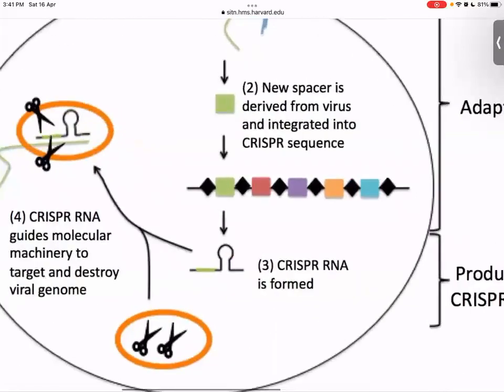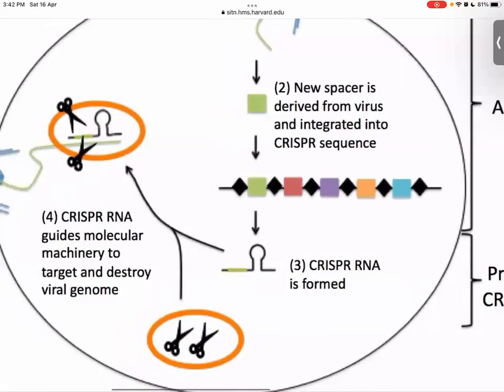Why? Because when this CRISPR RNA is formed, it already has this new spacer which has been derived from the virus. It has this new spacer because the new viral DNA has been integrated into the CRISPR sequence. And now with the help of this integrated spacer DNA in the CRISPR RNA, the CRISPR RNA will guide the molecular machinery to target and destroy the viral genome, right?